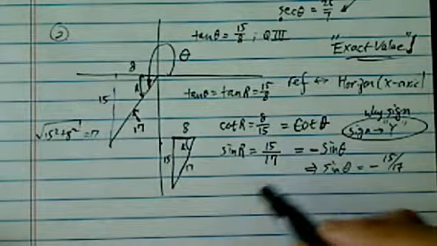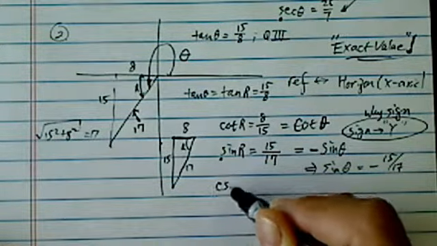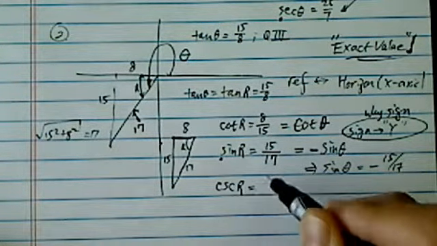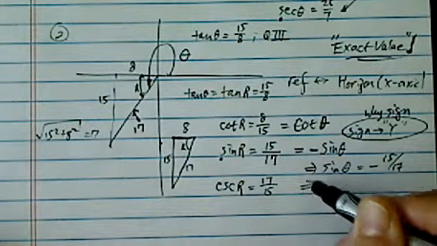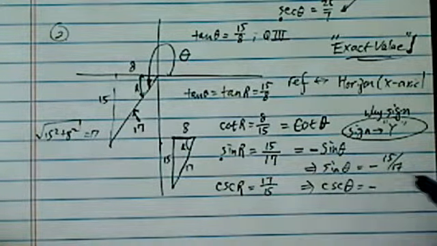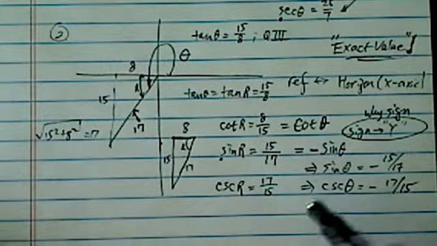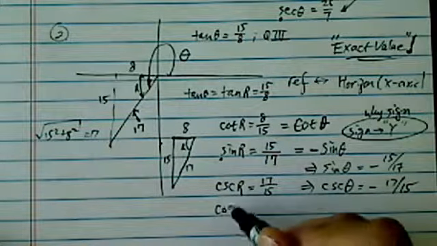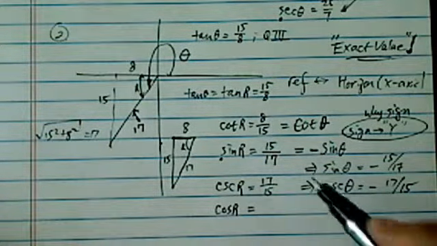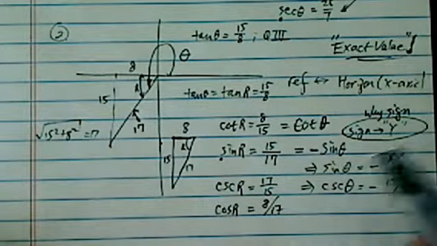Okay, let's keep on going. If I have a sine, which starts with an S, then cosecant of the reference angle is equal to 17 over 15, which is saying cosecant of theta is also equal to minus 17 over 15. All right, 2 more to go. Cosine of the reference angle is 8, whatever I'm sitting on, over the roof.